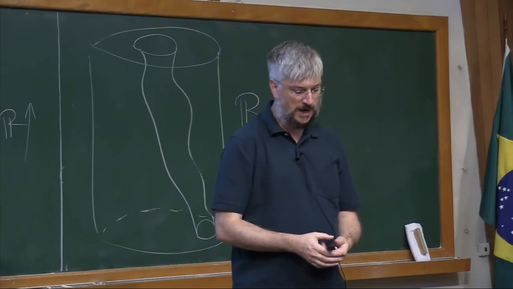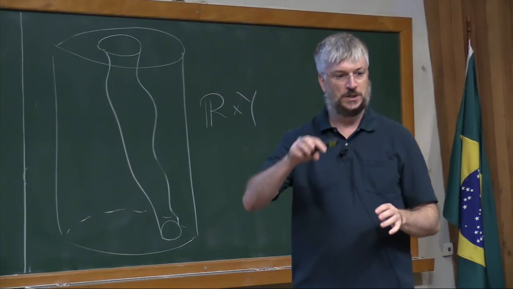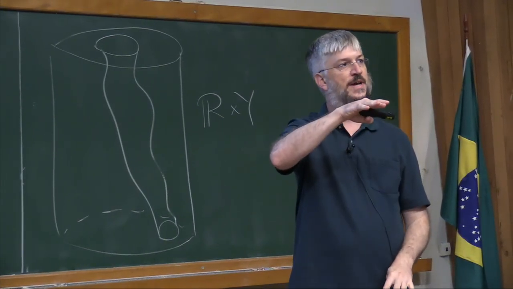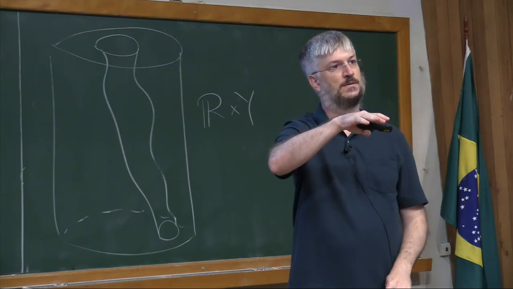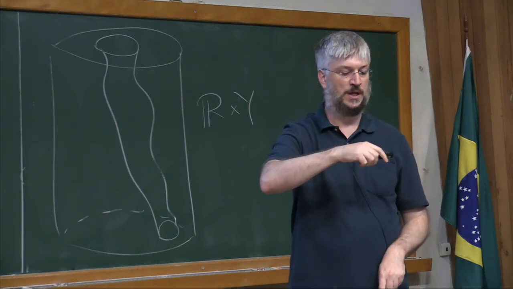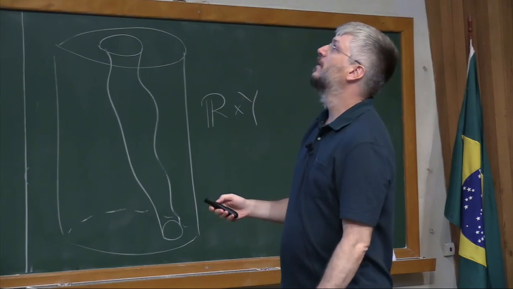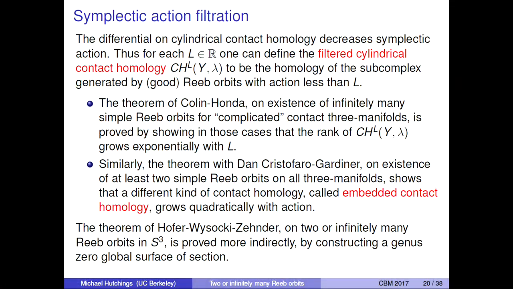And that means that for any real number L, if I just look at the span of Reeb orbits of action less than L, that's a subcomplex. And it has a well-defined homology, which we'll call filtered contact homology. We could call it CH^L. And then the trick is to see how that grows as a function of L.